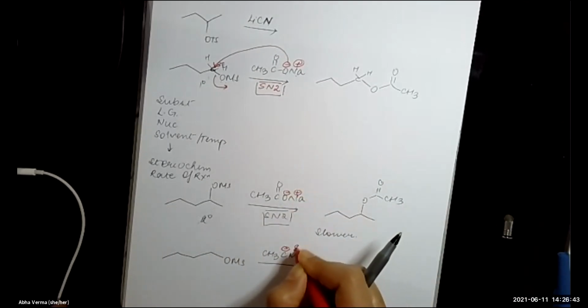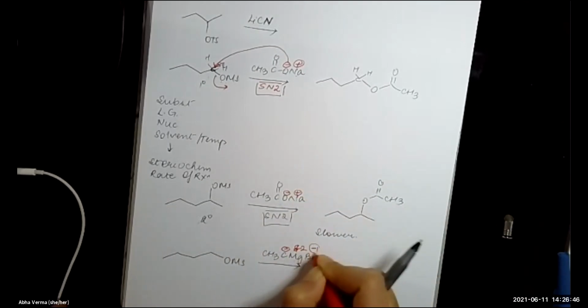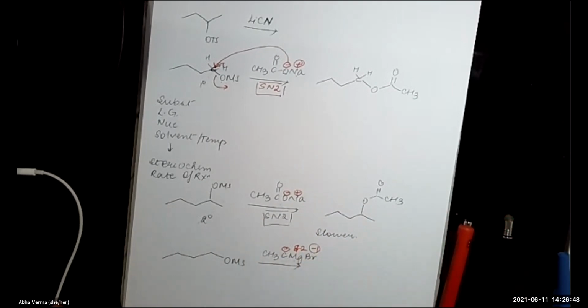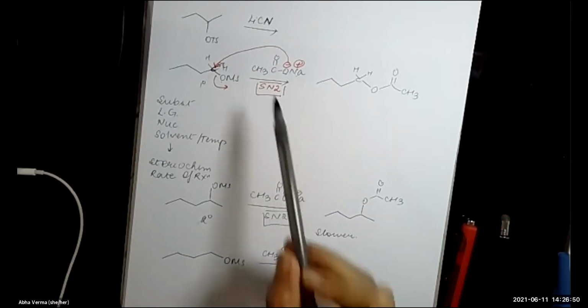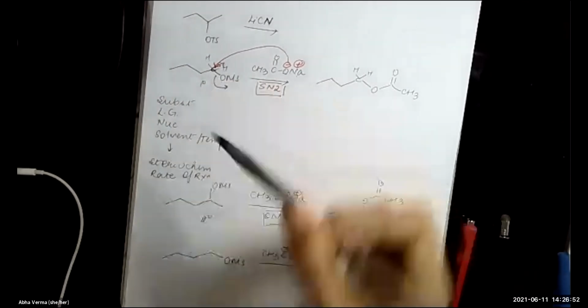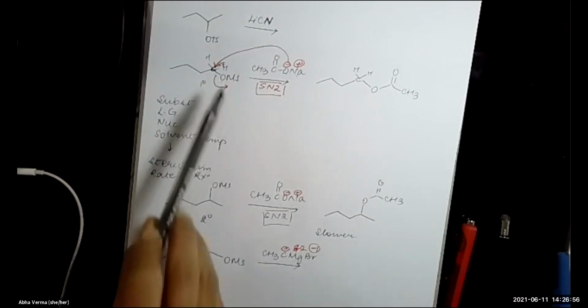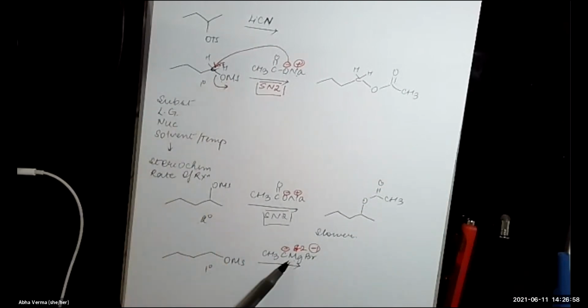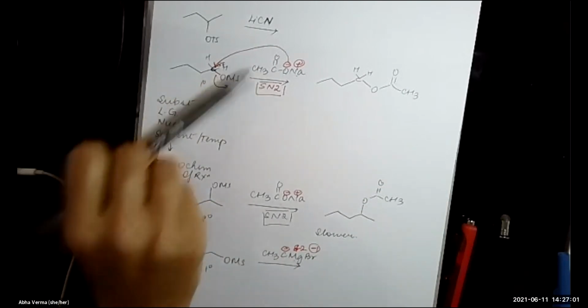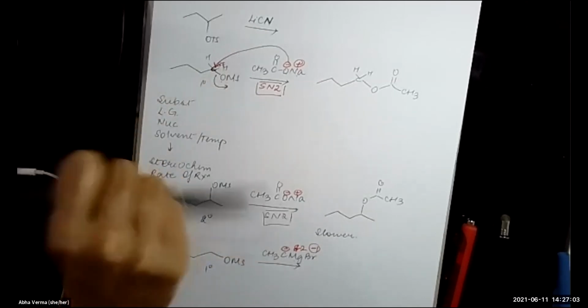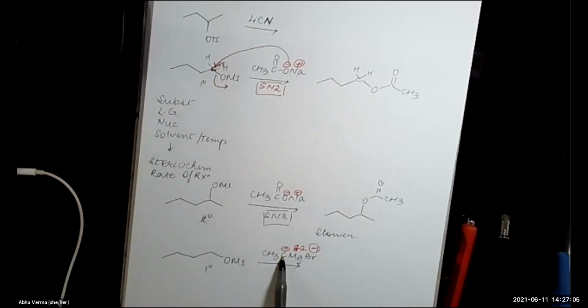This is 2 plus, minus 1 here, minus 1 here. Out of these two, both of them are primary substrates, both of them have the same leaving groups, but now I have changed my nucleophile. Who is a stronger nucleophile? The carbon with a negative charge.